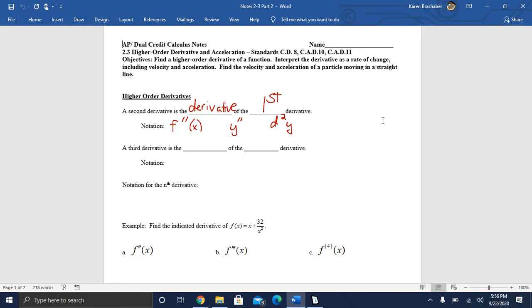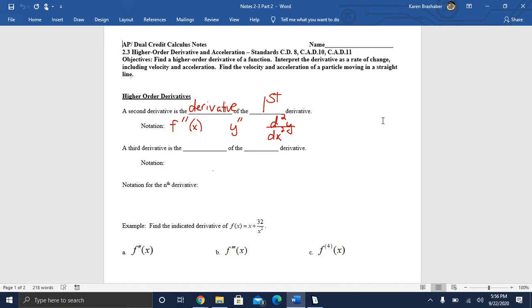So it's the second derivative of y with respect to x, but you can see that both of those variables look like they have an exponent of 2. But that's just an indicator that we are wanting the second derivative.